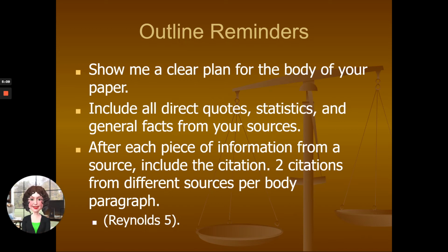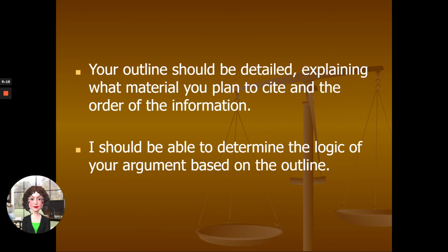So literary analysis is a little bit different than research articles. Your outline should be detailed, explaining what material you plan to cite and the order of the information. I should be able to determine the logic of your argument based on the outline.